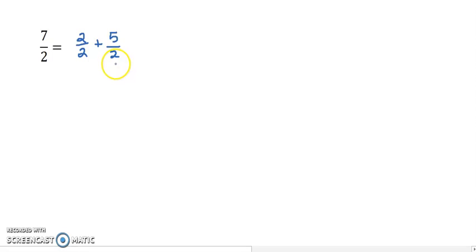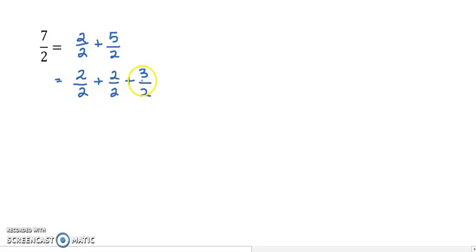But if we look at the 5/2, we notice that we can get another group of 2. So let us go a little further. We take out another 2/2 out of this group, and we are left with 3/2. So 2/2 plus 2/2 plus 3/2 is still 7/2.